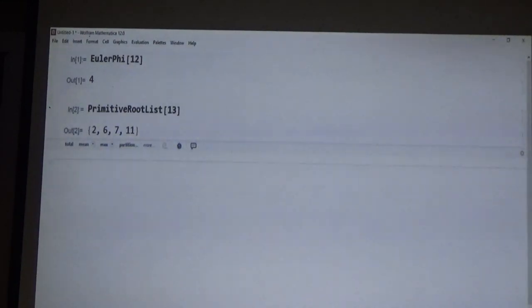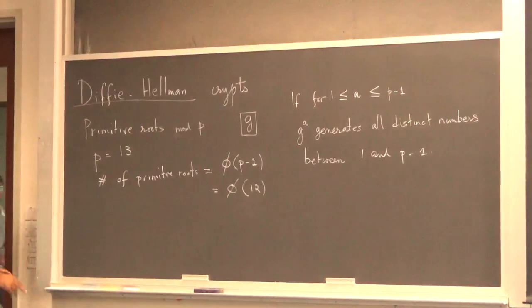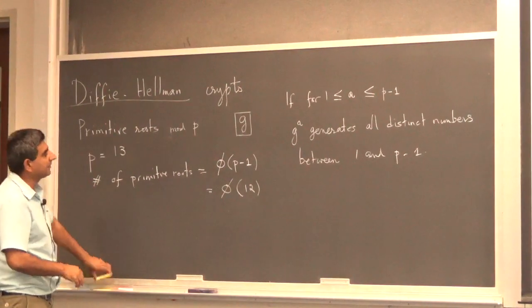And if I pick any one of these numbers, let's move to the blackboard first. I'm going to describe this Diffie-Hellman scheme, but in order to describe that, I need to have this background in front of me.